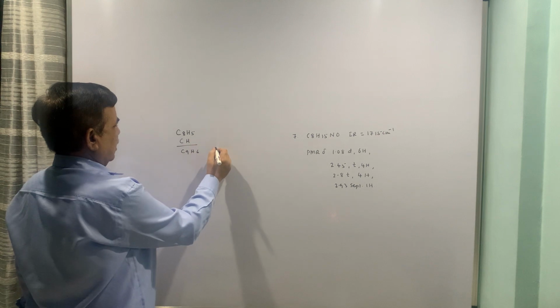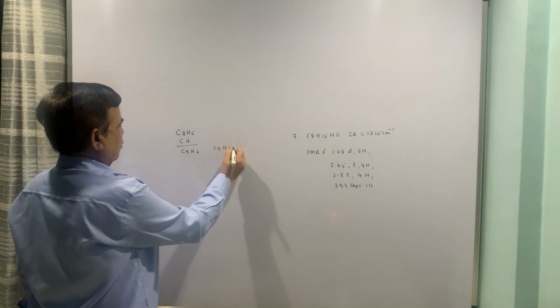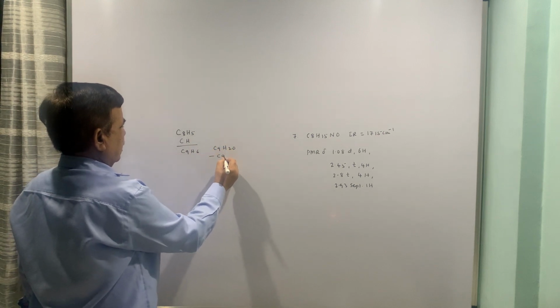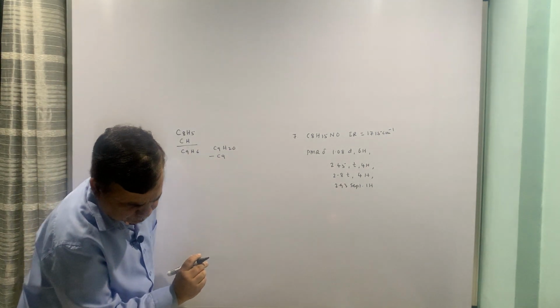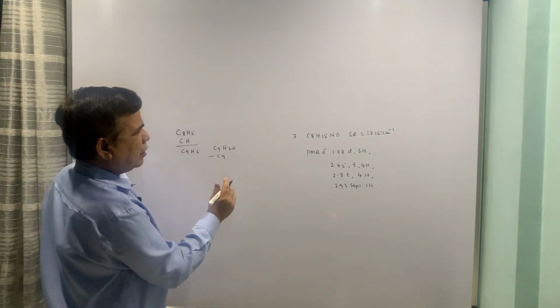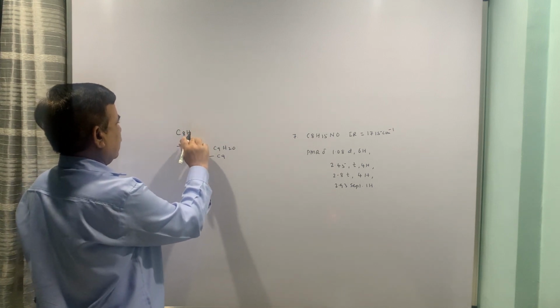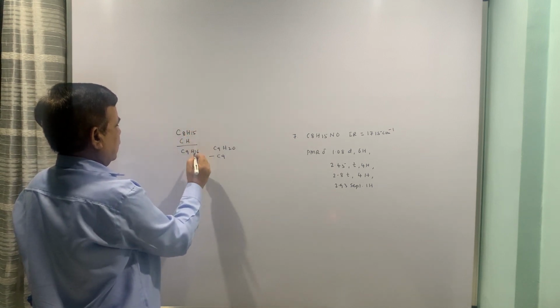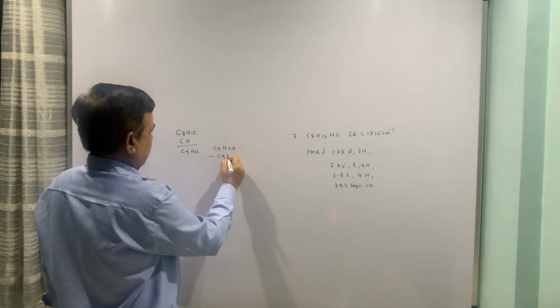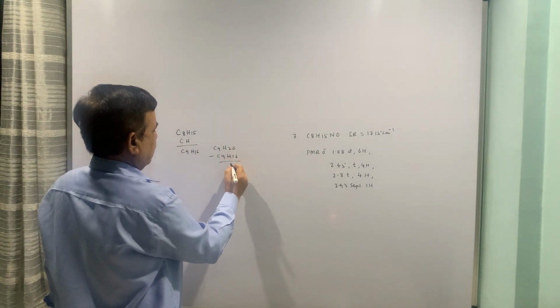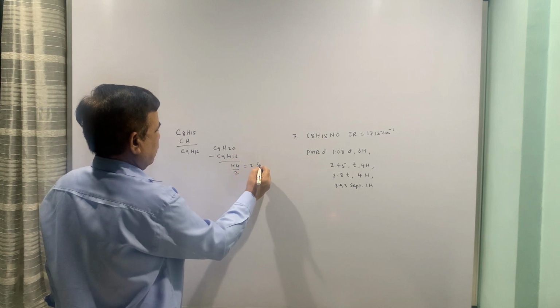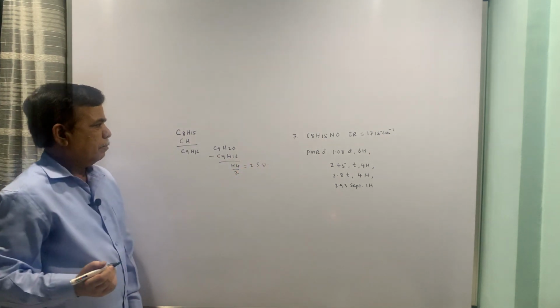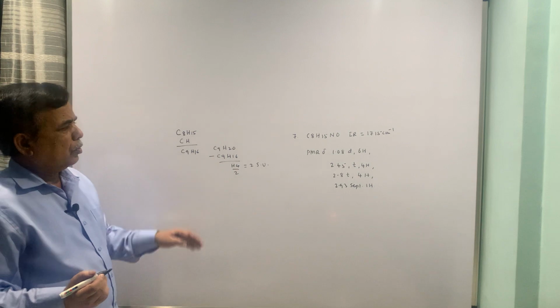C9H6, C9H20, C9H15, yeah 15 not 5, 16. So C9H16, 4 hydrogens are missing, so 2 sites of unsaturation. Okay, that is first thing you have to do.